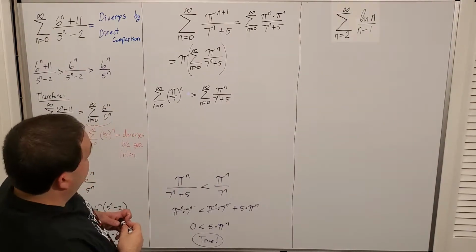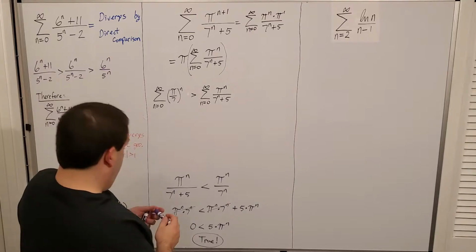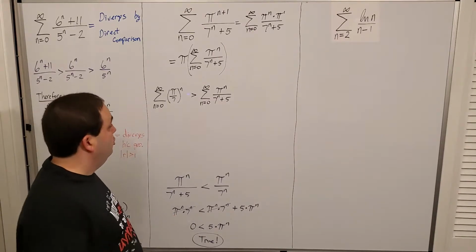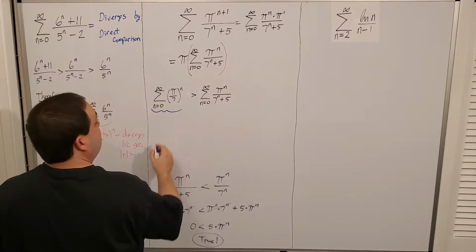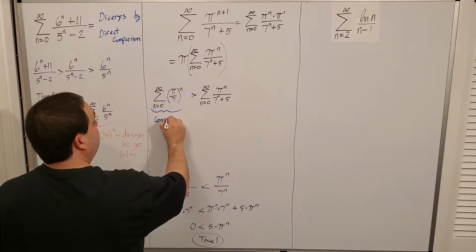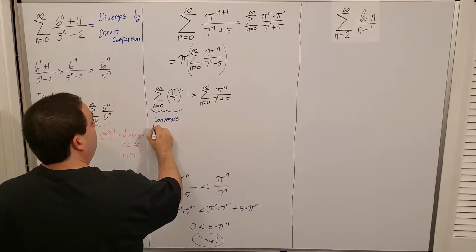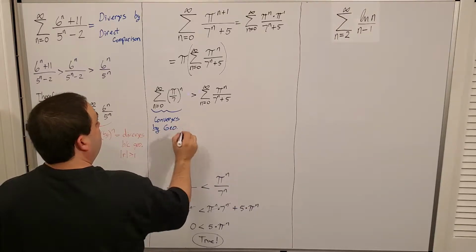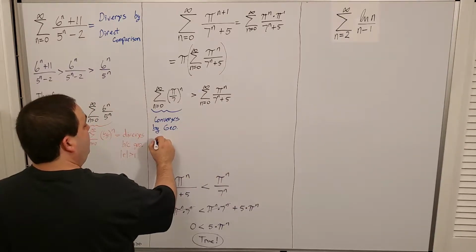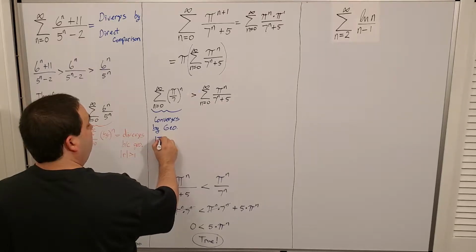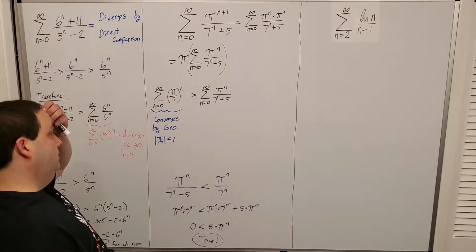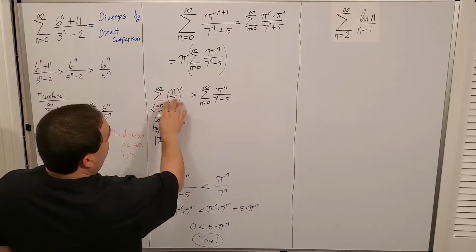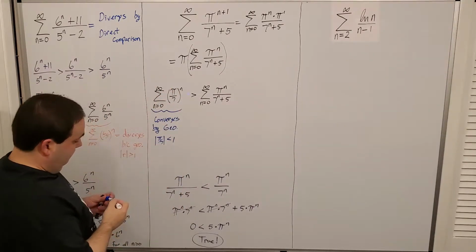Now, as we were just talking about, we can say that this converges by geometric series, because the absolute value of pi sevenths is less than 1.